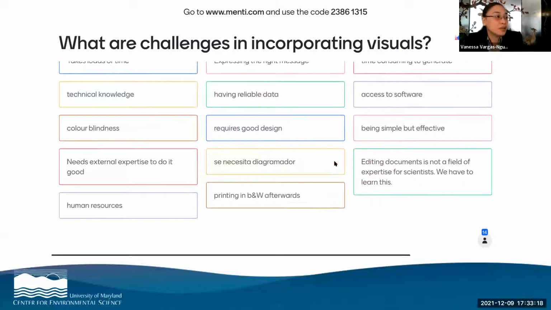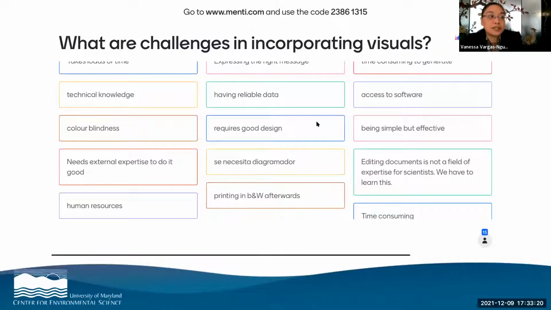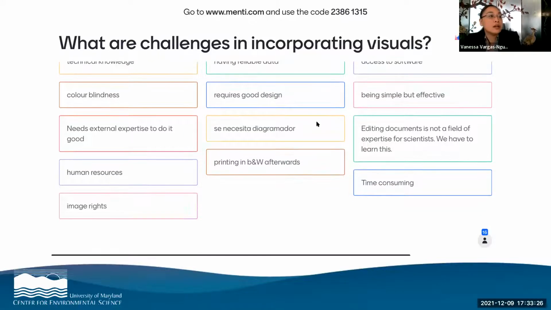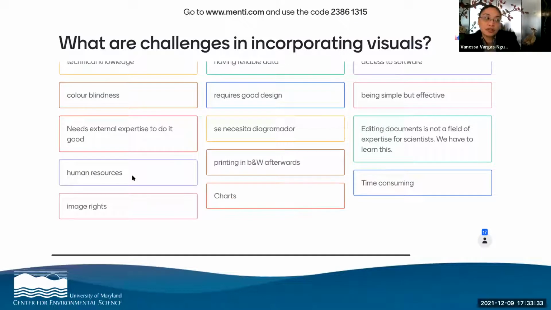Accessibility requires good design. Yeah, design is, you can't just pick some random design. It has to really contribute to your story as well. Being able to make visuals simple but effective needs external expertise to do it well.